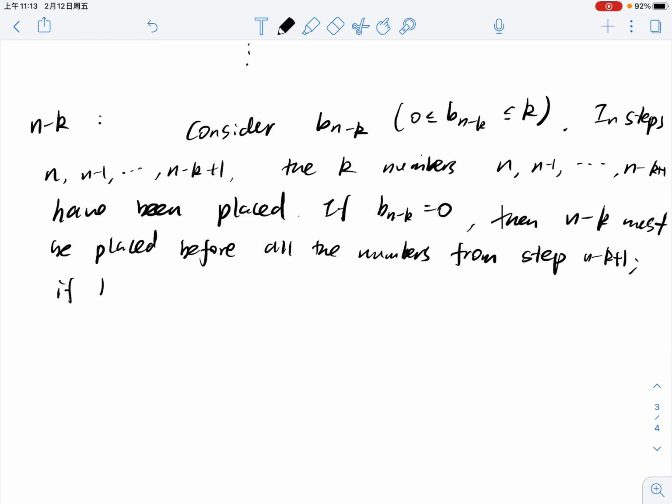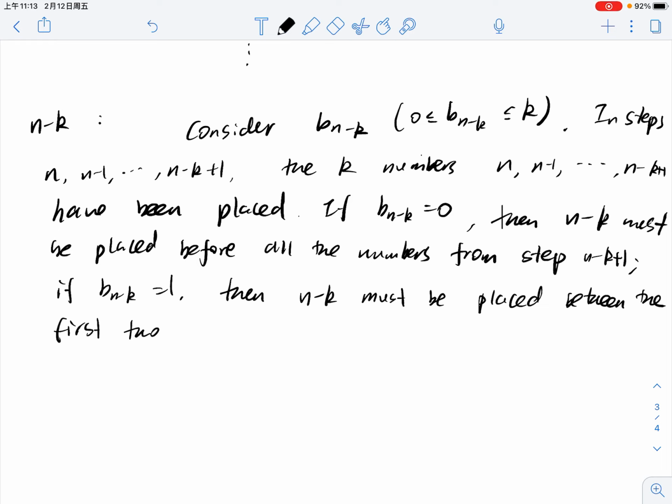And if Bn-k is 1, then n-k must be placed between the first two numbers. And keep on going.